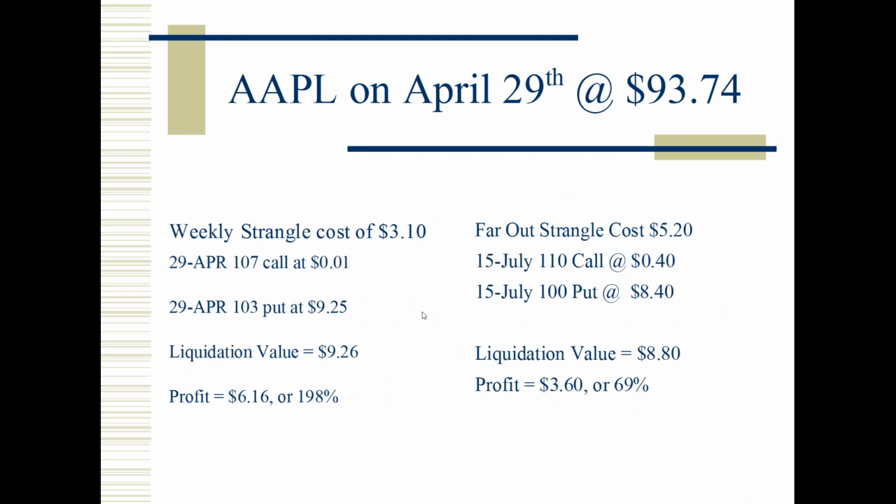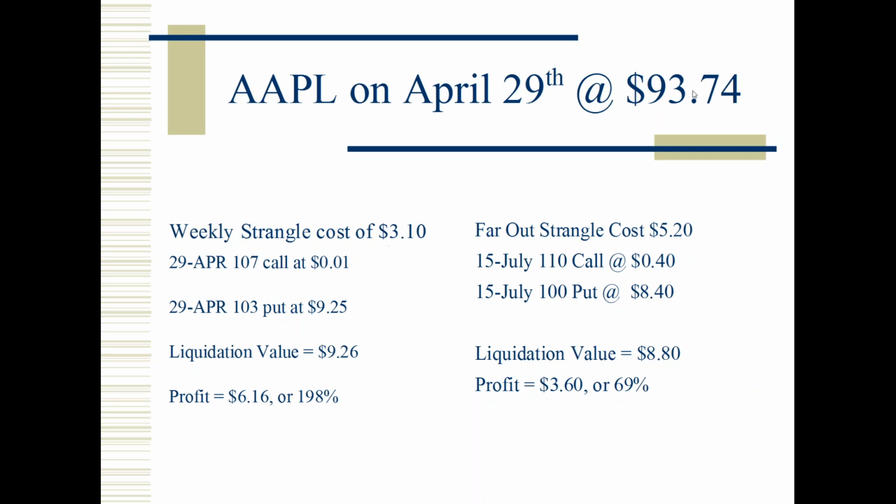But on April 29th, expiration day for our weekly strangle, Apple was trading at 93.74. The 107 call for April 29th, of course, is going to have no value. We might have gotten 1 cent if we sold to close it, or just let it expire. Our 103 put went essentially just to intrinsic value.